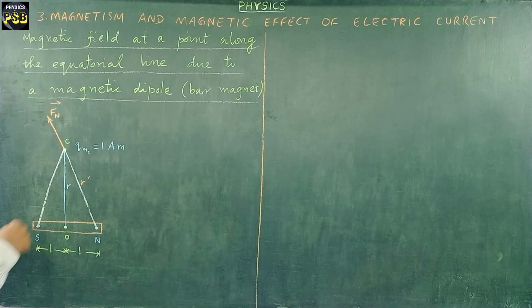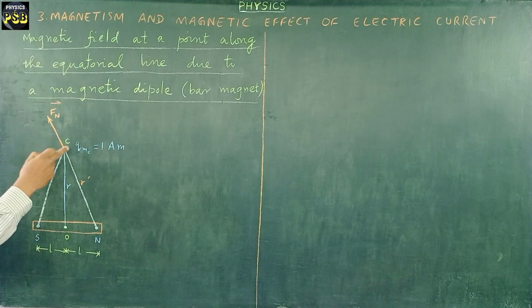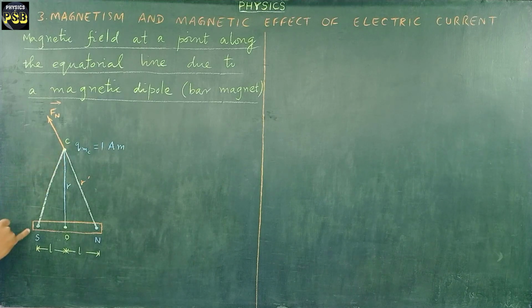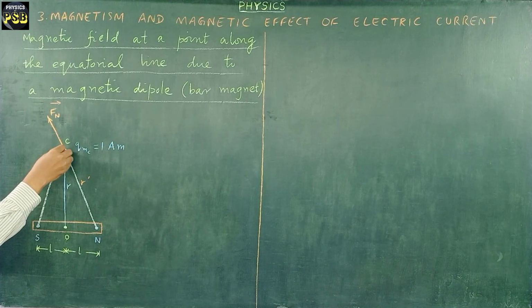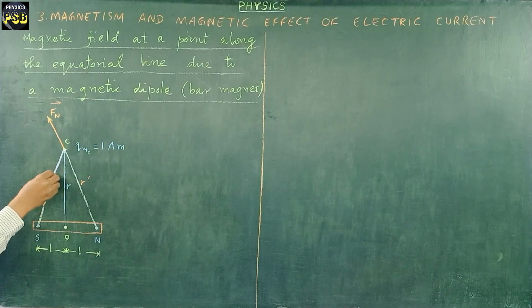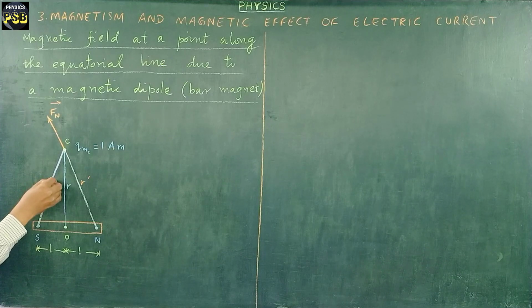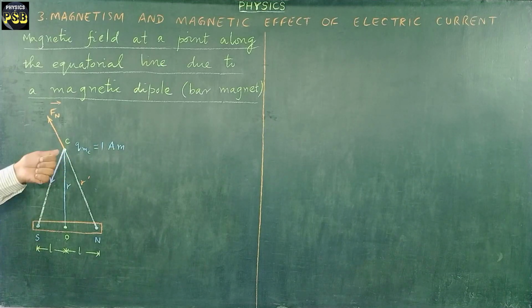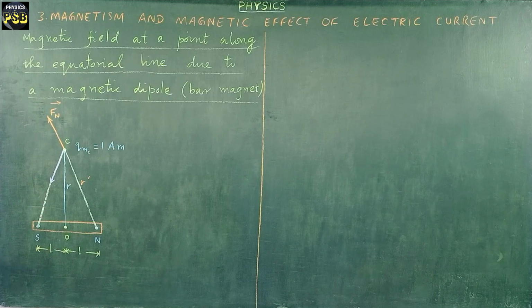So, the force that acts here between the unit north pole and the south pole of the magnet is acting towards the south pole of the magnet, represented by this line. Okay, it acts towards the south pole, and this force acts away from the north pole. Now, I represent this force by the letter F_s vector.